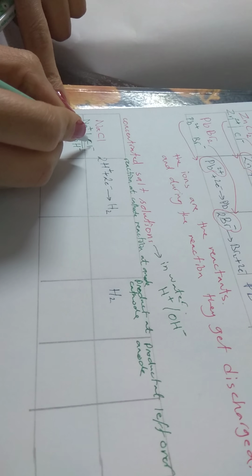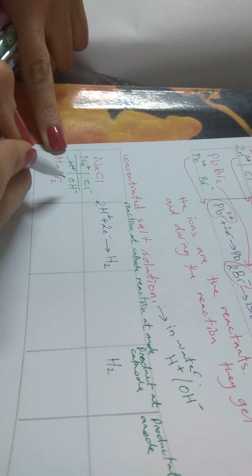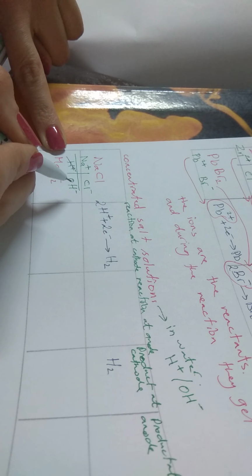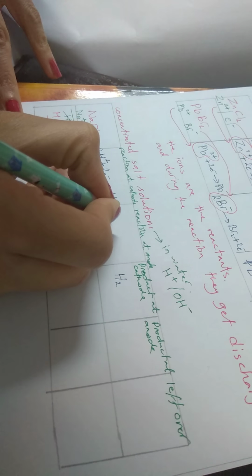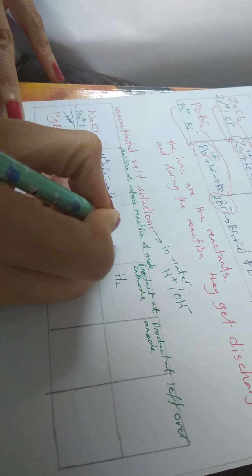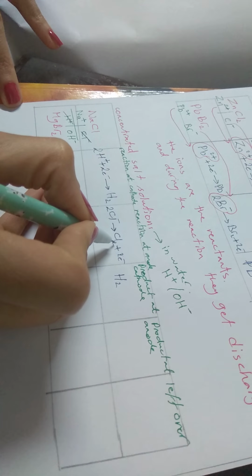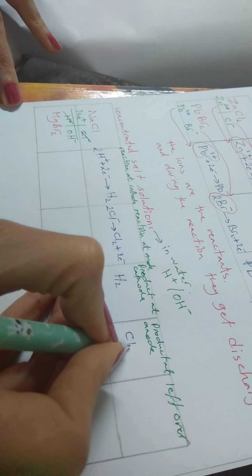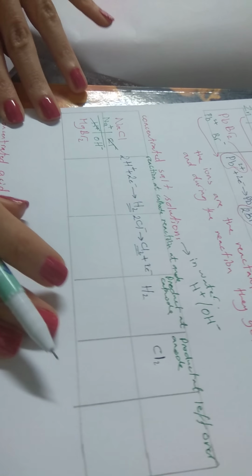Reaction at the anode. At the anode, we have the Cl- and the OH-, the 2 anions. We always say that if we have a halide, the halide will be discharged at the anode. So the halide here, the Cl-. So the product at the anode is the Cl2. As you see, these are the products. Okay, now the leftover.